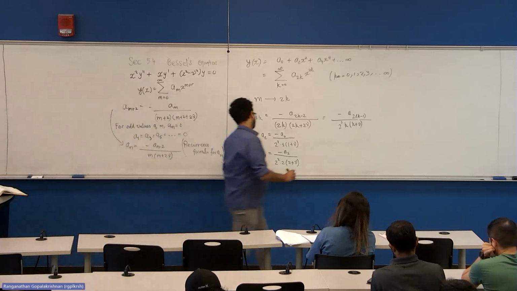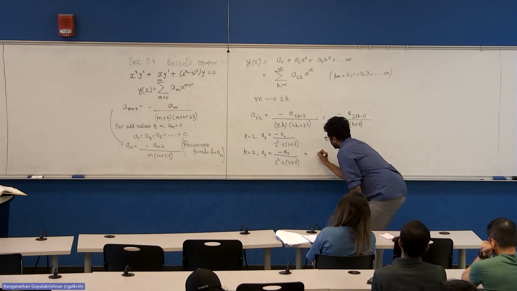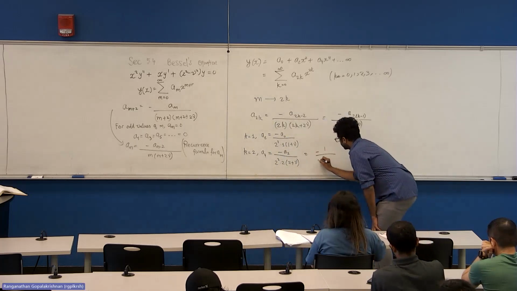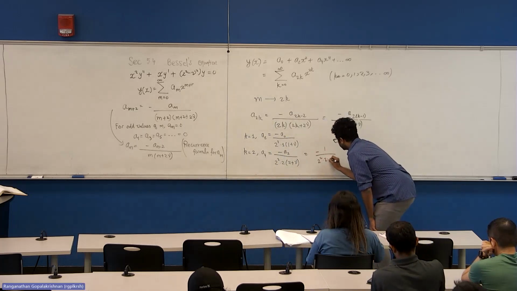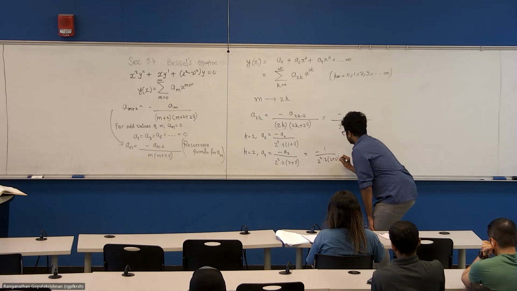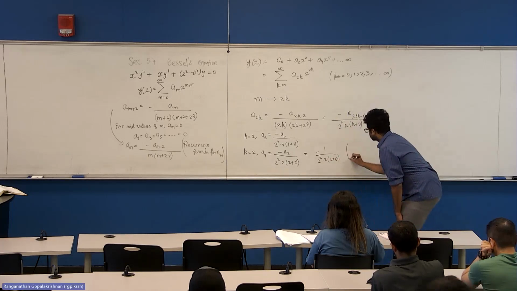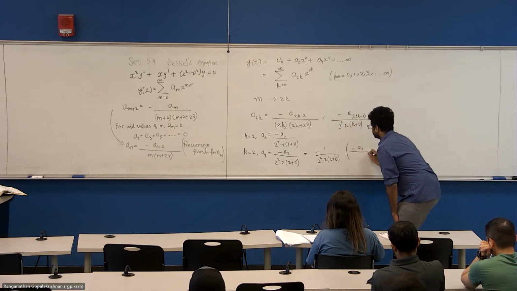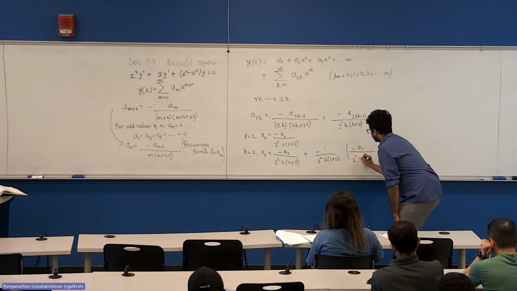What would that be? This will be minus 1 over 2 squared, and then a_2 itself is minus a_0 divided by 2 squared times (1 plus nu).